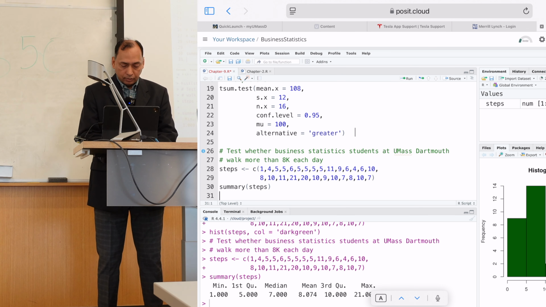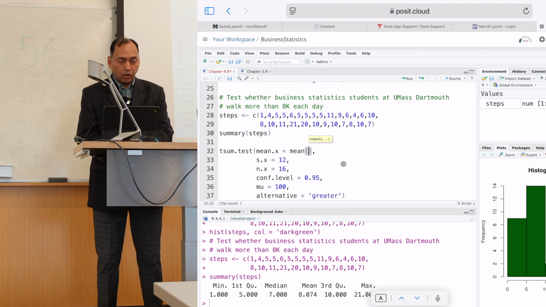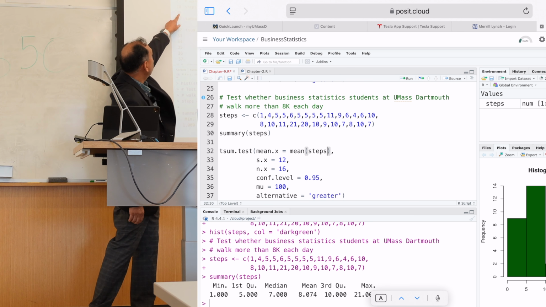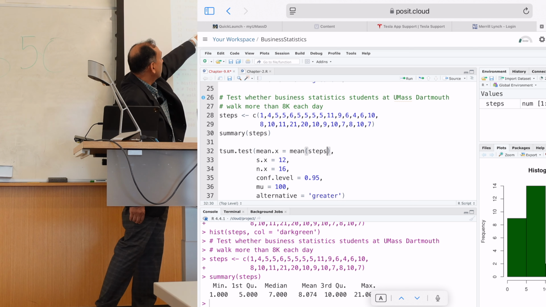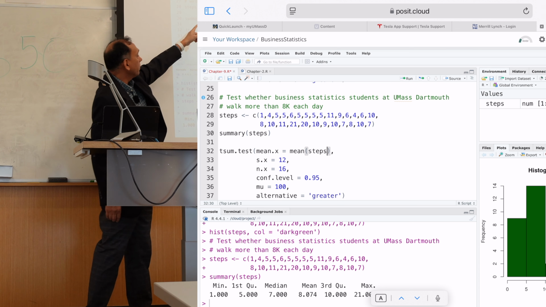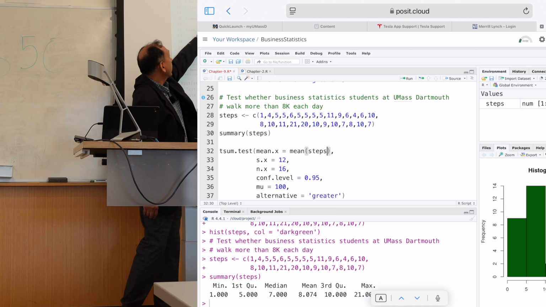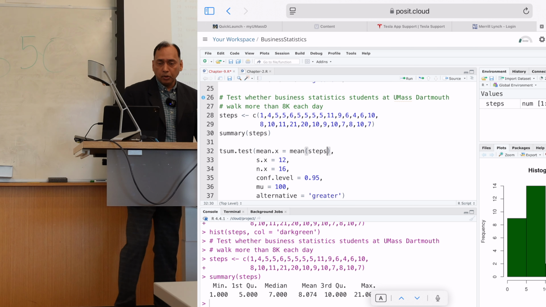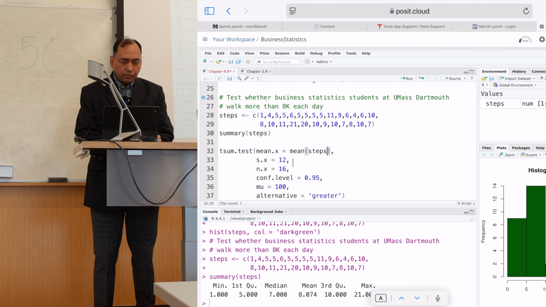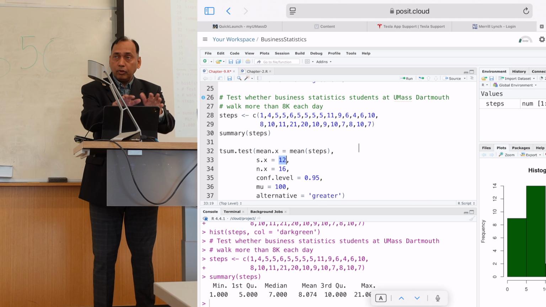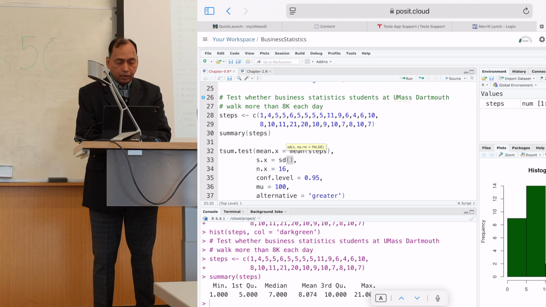The way we calculate is we find the mean of steps. All the data is in steps, and these numbers are in thousands. One means 1,000 steps. The second student was 4,000 steps, and so on. So that is the mean of steps. Standard deviation again will be calculated from this, so SD, standard deviation of steps.